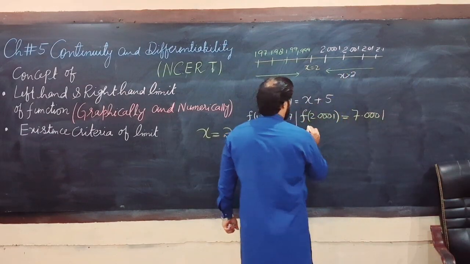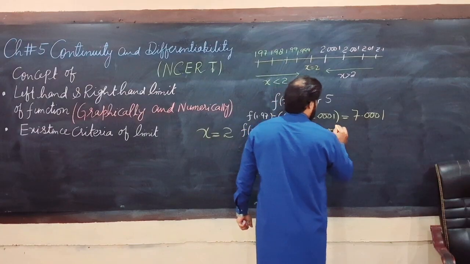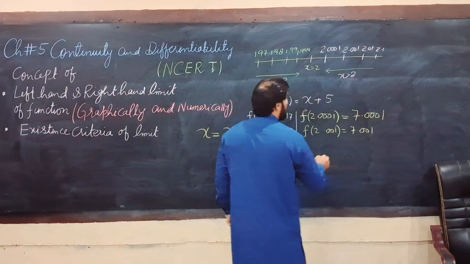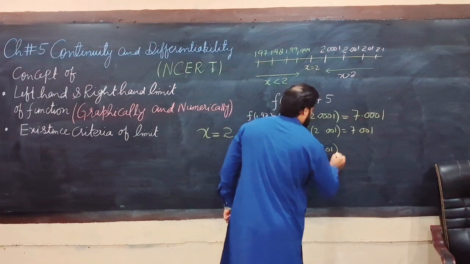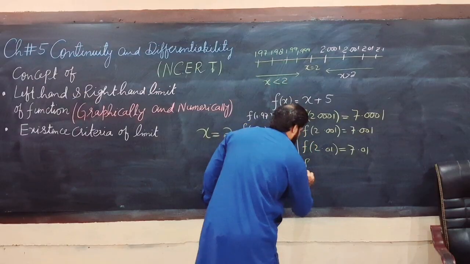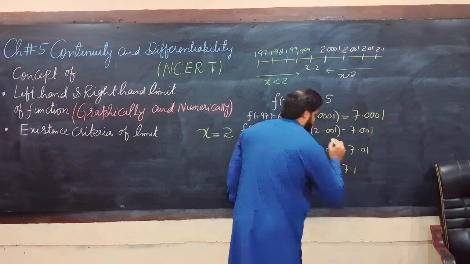If you put 2.001, the value is 7.001. If you put 2.01, the value is 7.01. Lastly, if you put 2.1, the value is 7.1.